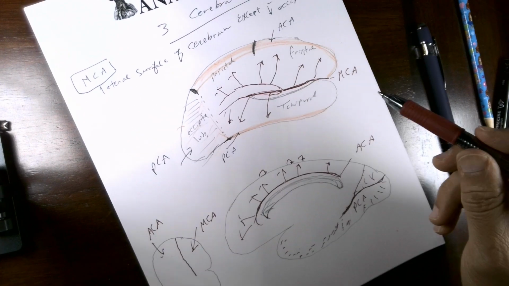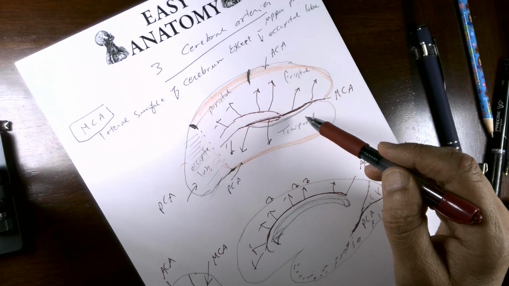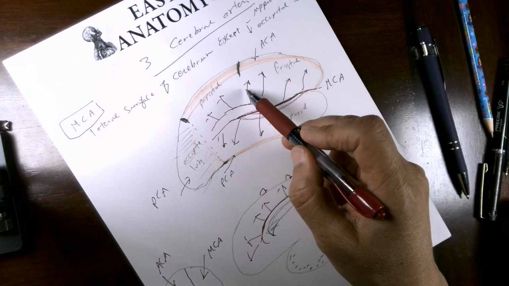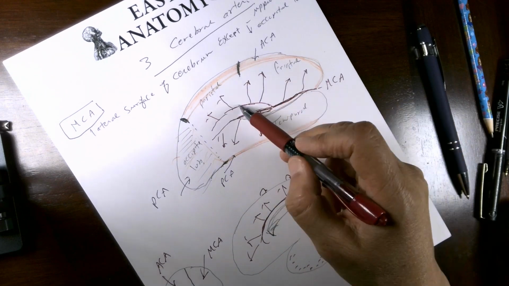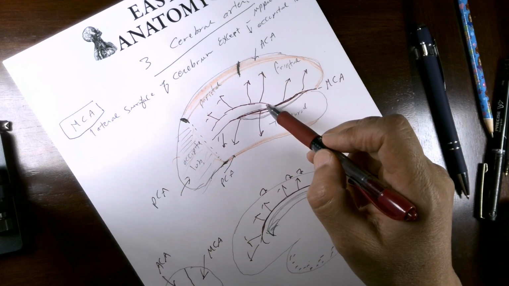You need to translate this information into function. So if I ask you what are the important cortical areas supplied by the anterior cerebral artery, the quick answer is what?